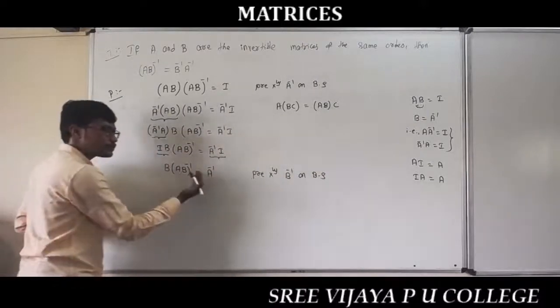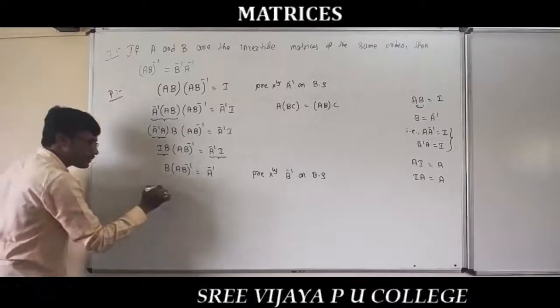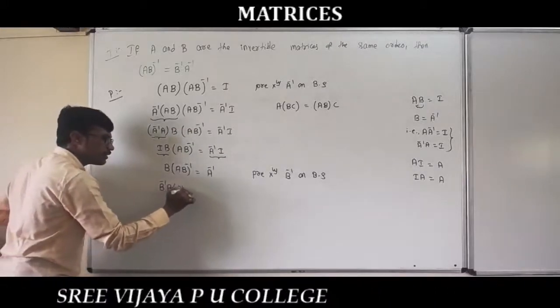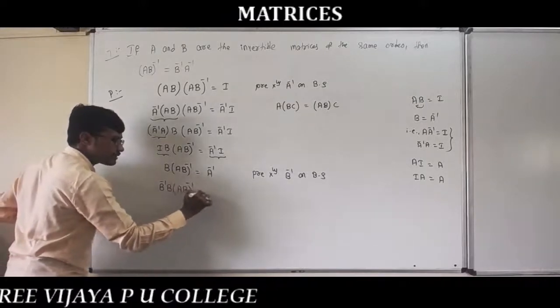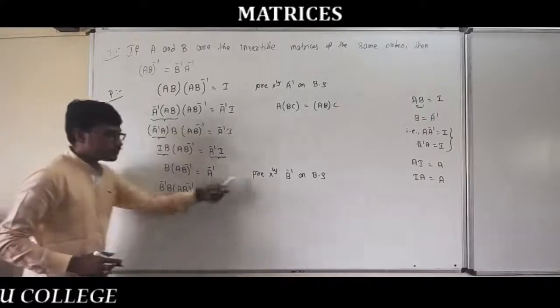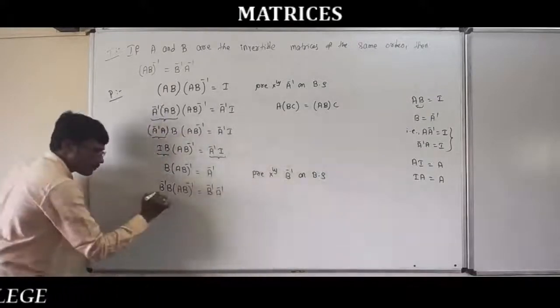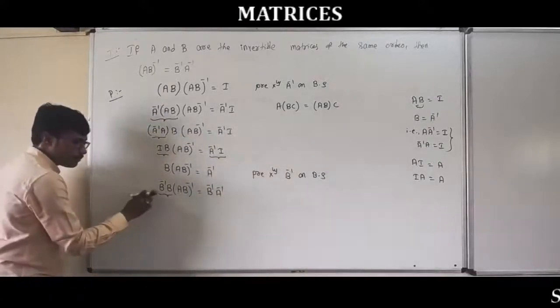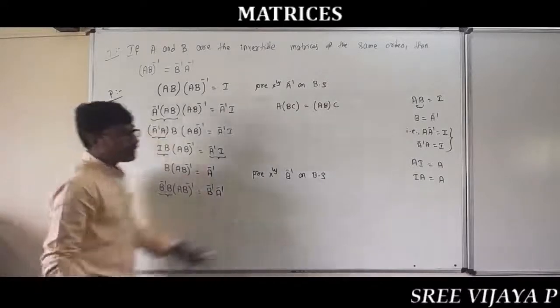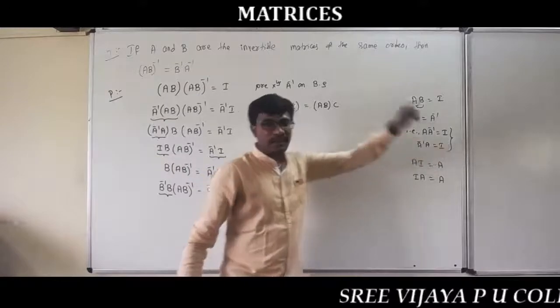So for this A inverse also before, for this B also before. So B inverse into B into AB whole inverse equals B inverse into A inverse, because of the pre-multiply, right? Now see here, B inverse into B, the matrix and its inverse can be multiplied together, we will get the identity matrix.